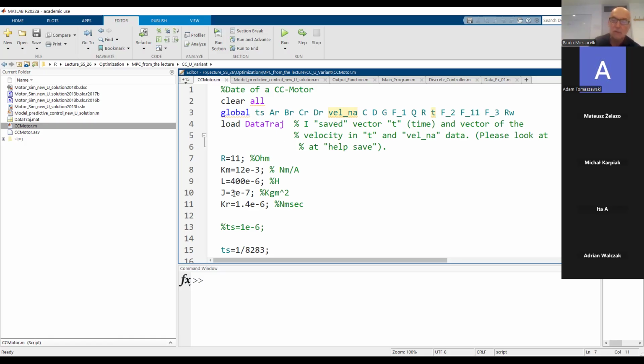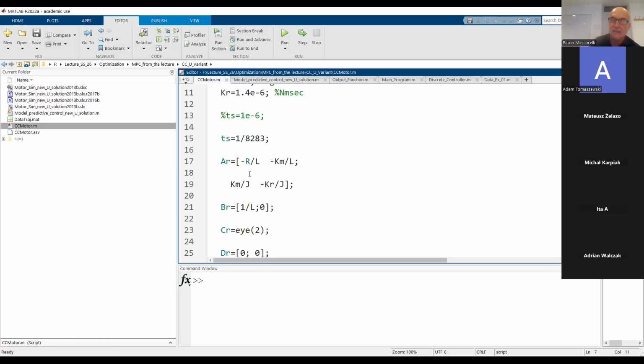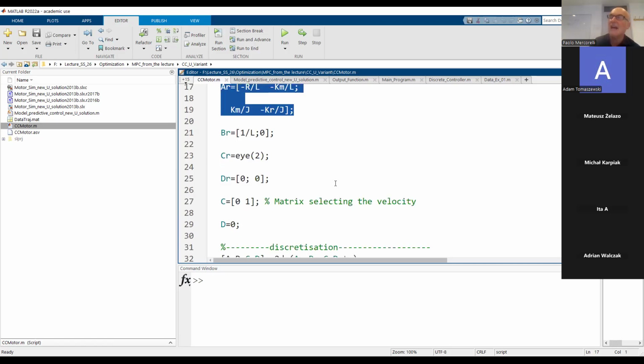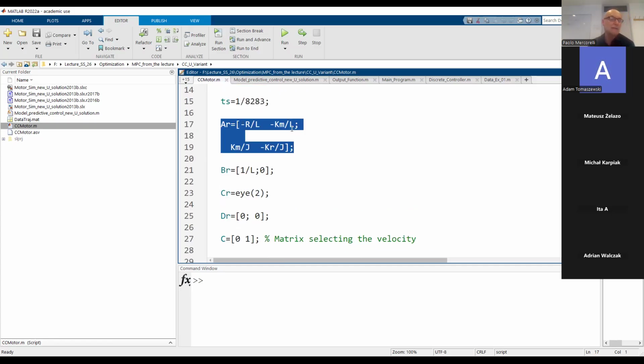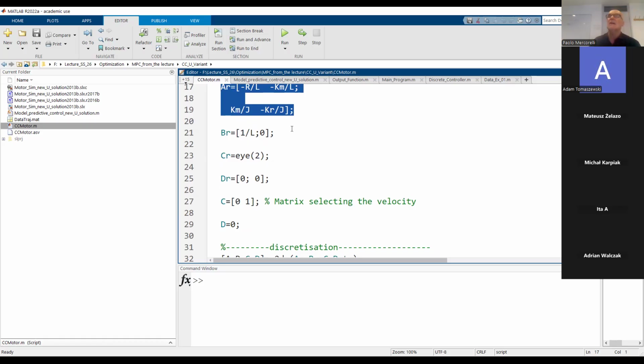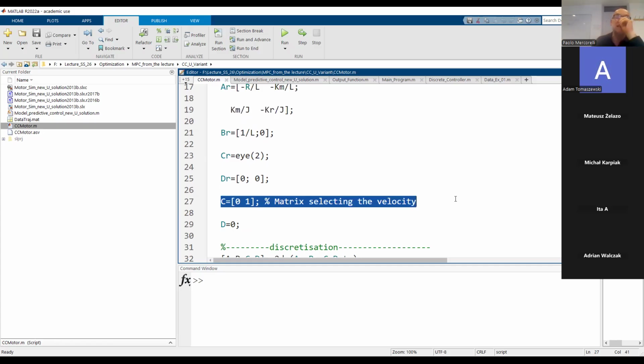This is the data of the motor, and then I organized everything in terms of matrices. This matrix here characterizes the dynamics of the motor. Then you have matrix B, the matrix C. You can look at the lecture in this sense. This 0, 1 is the velocity which I want to track for a given trajectory using a prediction.